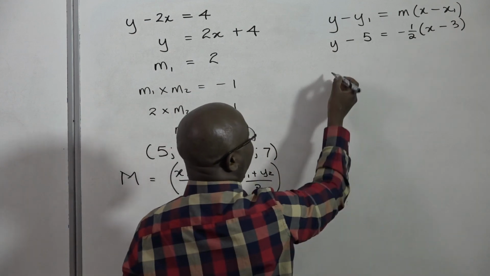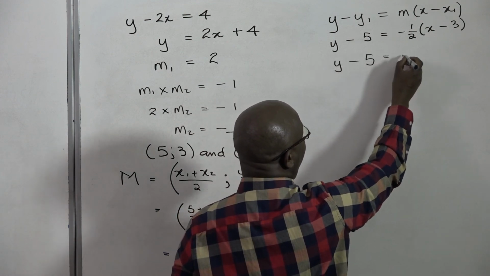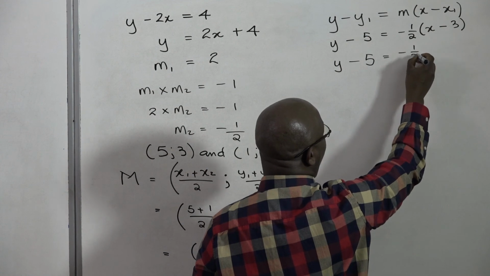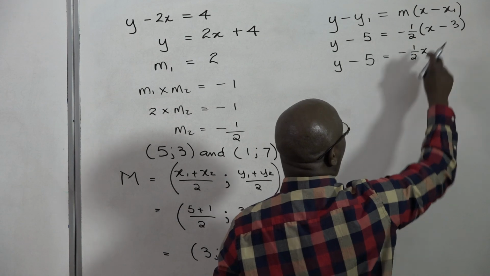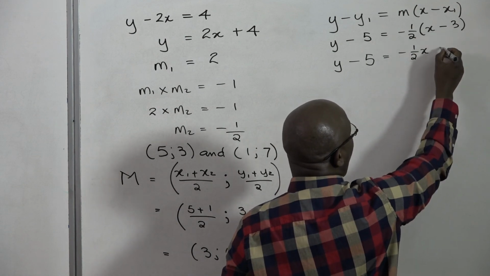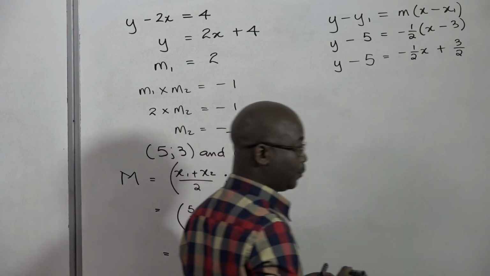Then we simplify that. It becomes y minus 5 is equal to minus 1 over 2 x. Then a negative 1 over 2 times a negative 3 becomes a positive 3 over 2.